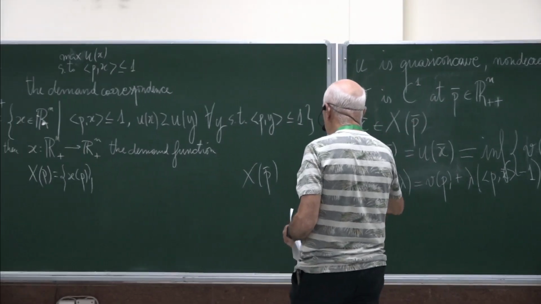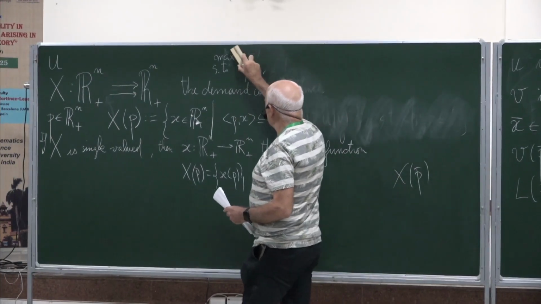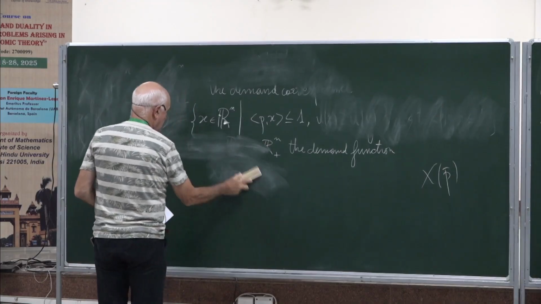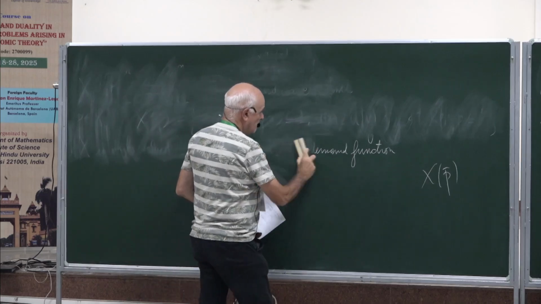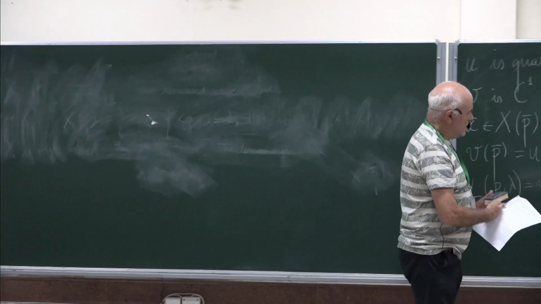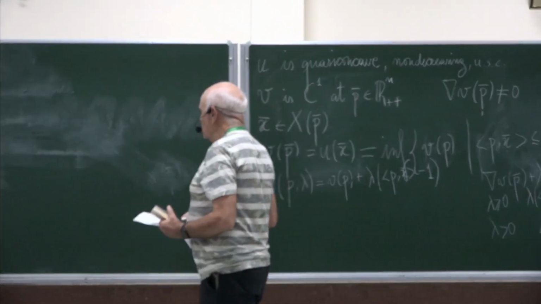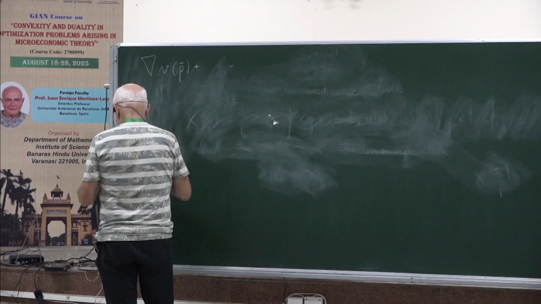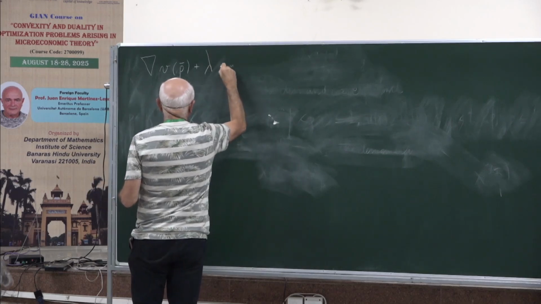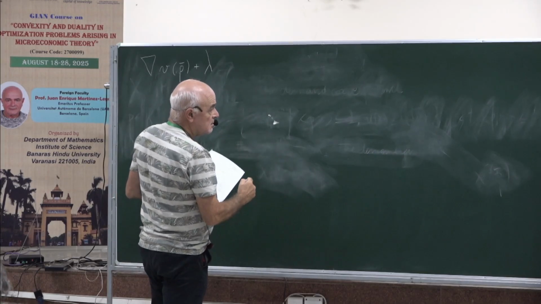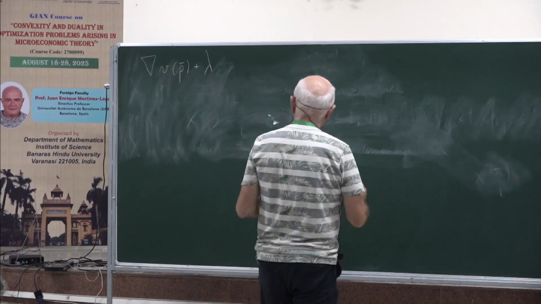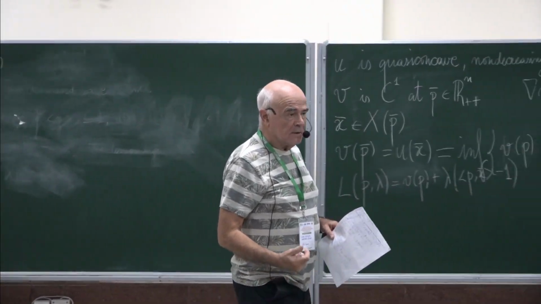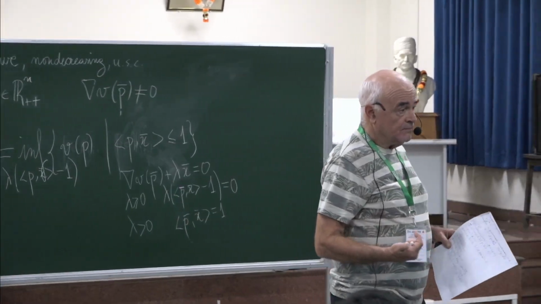Well, and then I copy here the equality: gradient of V of P bar plus lambda x bar equals 0, and I multiply this vector equation with P bar, inner product.